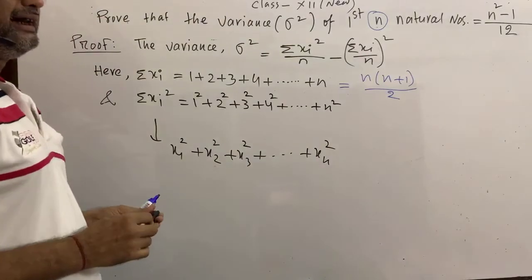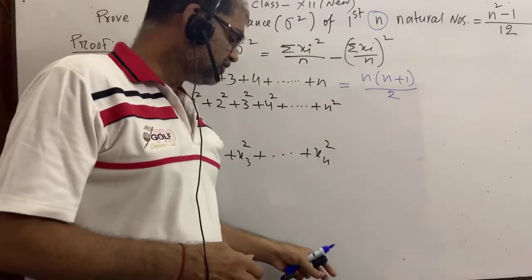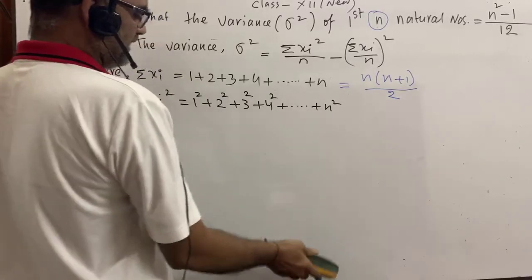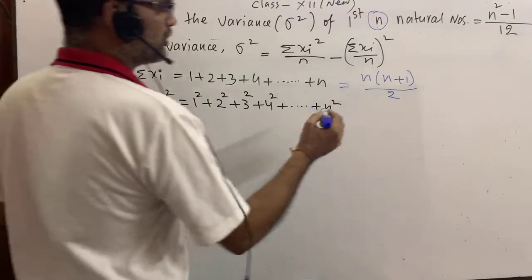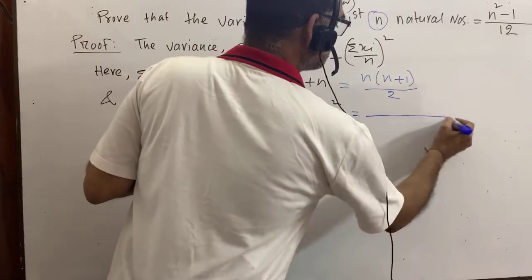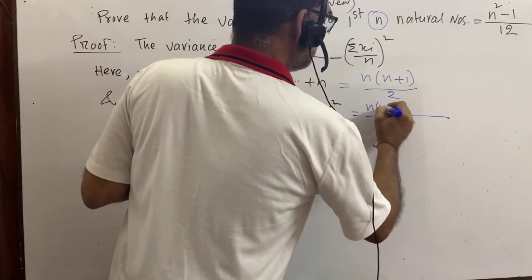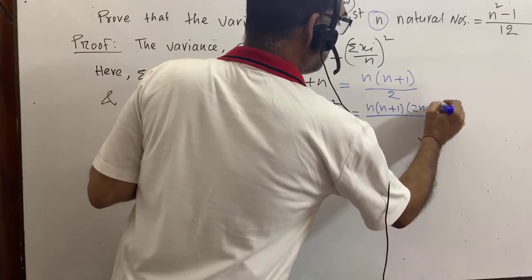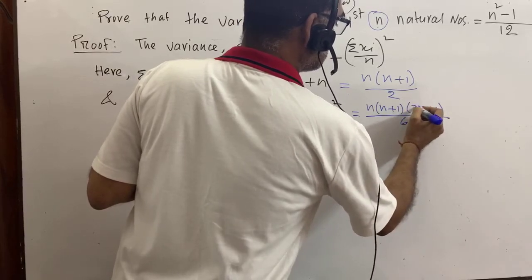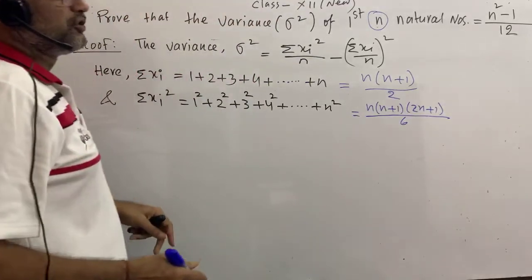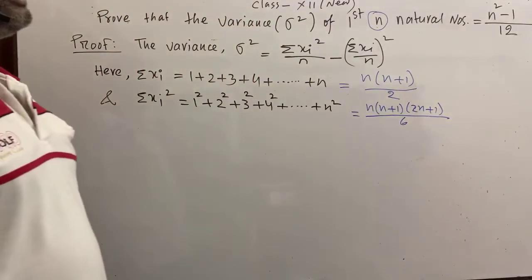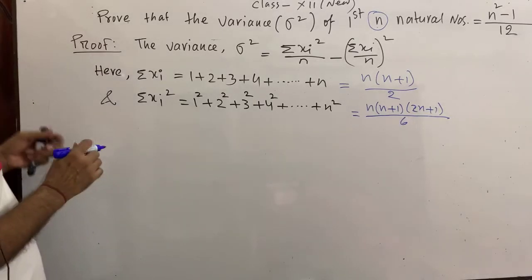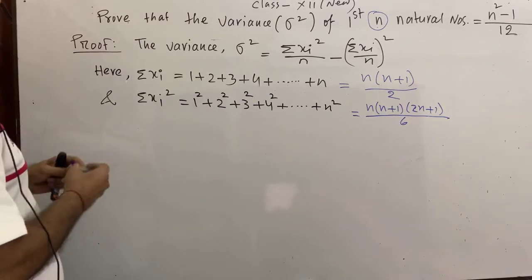Dear students, can you remember its formula? Its formula is n into n plus 1 into 2n plus 1 by 6. It is the formula.